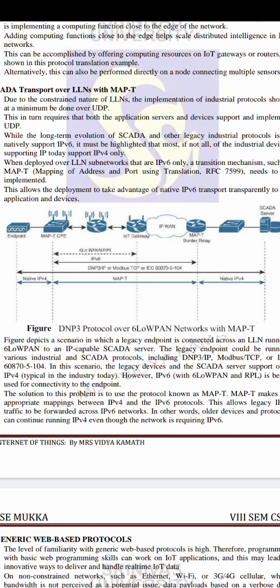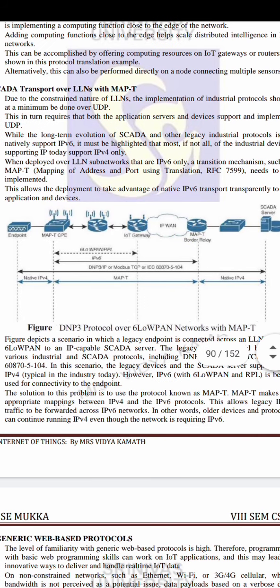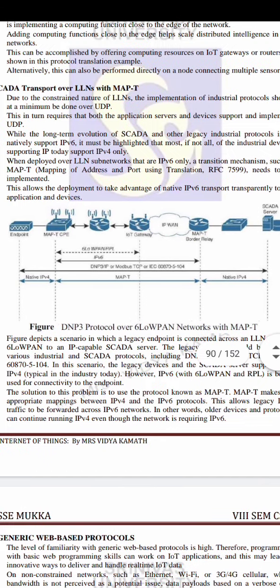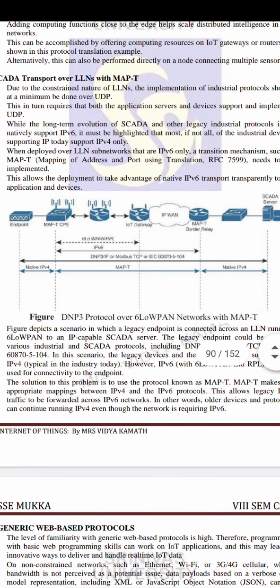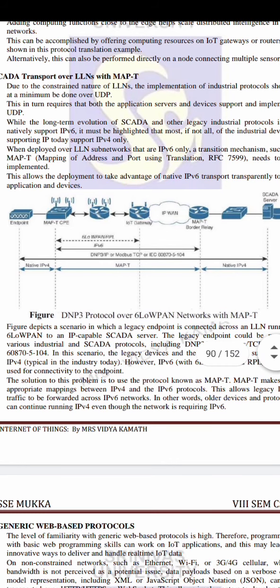Here in this network, if you put this MAPD, these are the borders. What it does is convert this IPv4 to IPv6. So you can take the benefits and advantages of IPv6 from IPv4, and this MAPD protocol will be running in between these two.